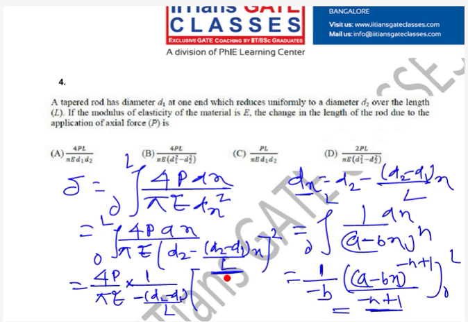So if you integrate, it will be 1 upon d2 minus d1 upon L into x. And this minus will become plus, since this minus and the earlier minus became plus.